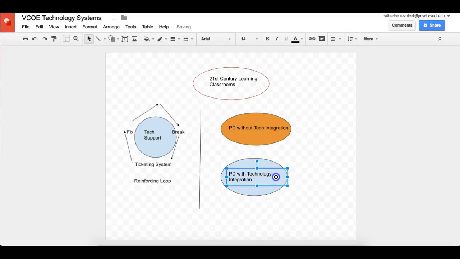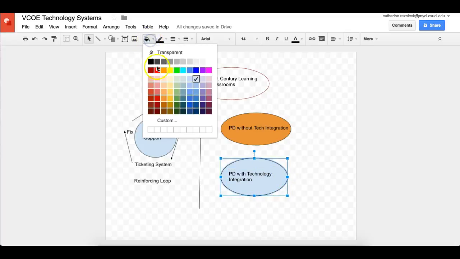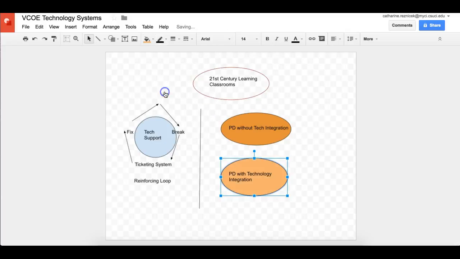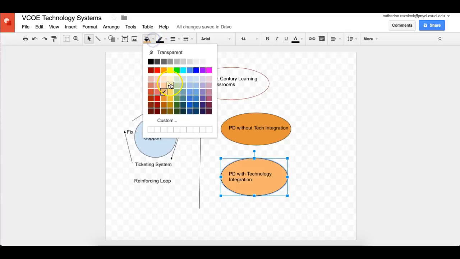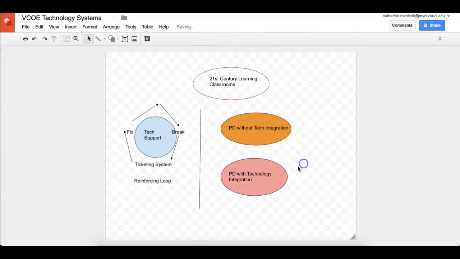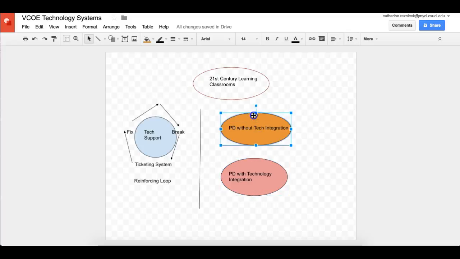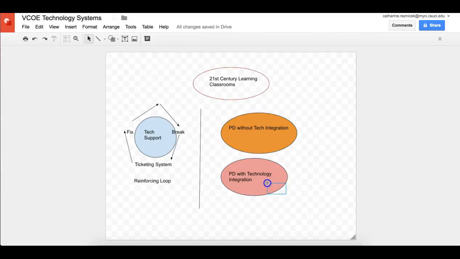I want to draw the distinction between the two, because there is a lot of professional development that our teachers go through that has all these binders of things. And I want to draw attention to the fact that I believe that this circle is much bigger than this circle here.